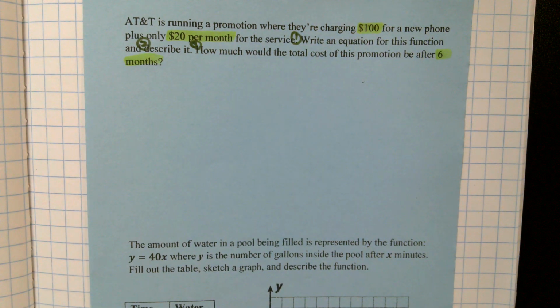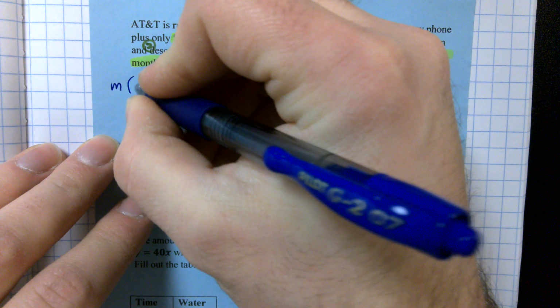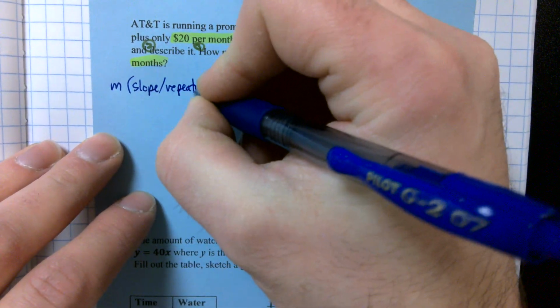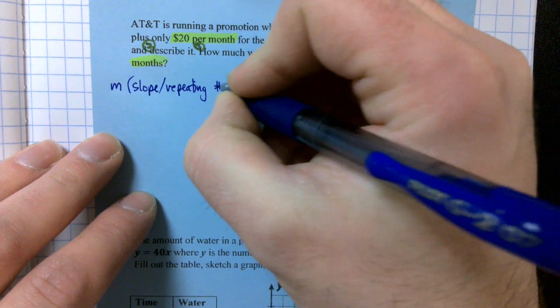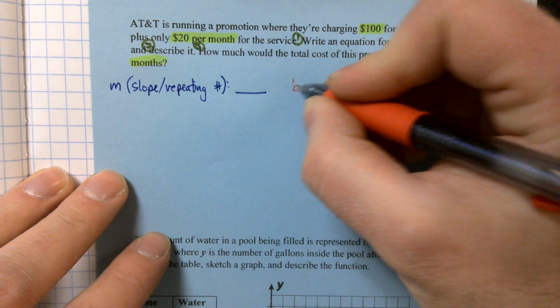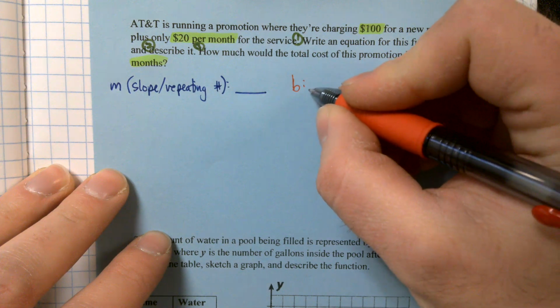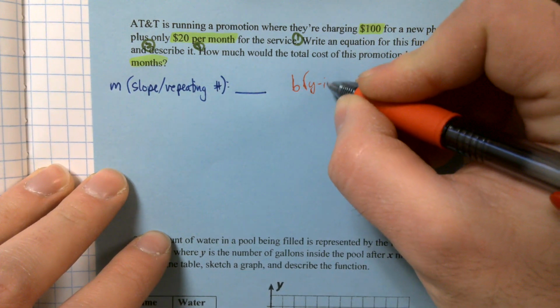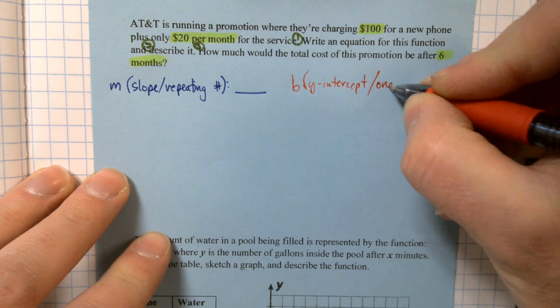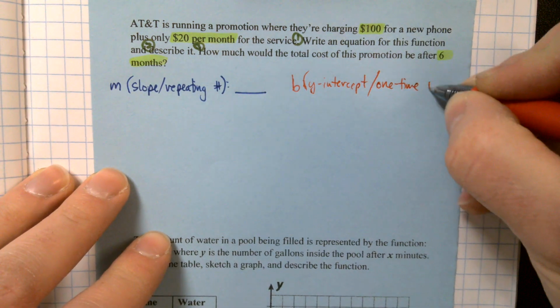Okay, so when we're setting up our equation, we need 2 things. We need an M, which is my slope, or repeating number, and we need our B, which is my y-intercept slash my one-time number.